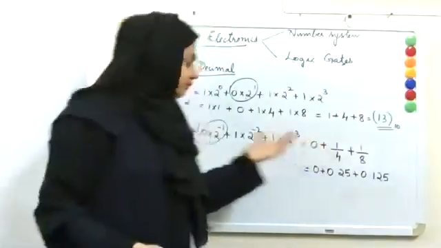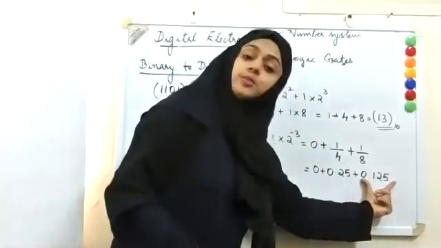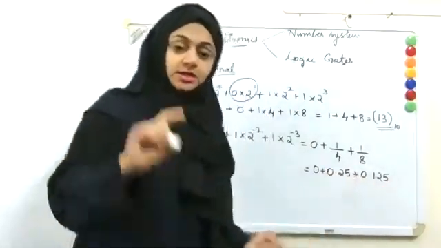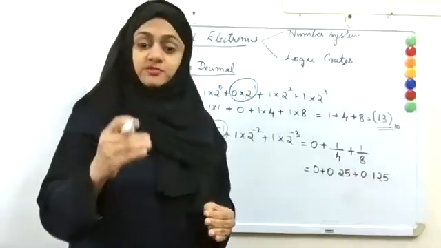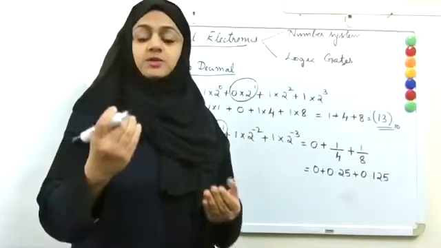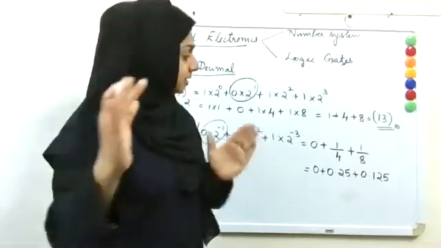So you can convert 3 decimal places of binary easily. Just remember that 1 by 2 is 0.5, 1 by 4 is 0.25, and 1 by 8 is 0.125. At least remember until that.